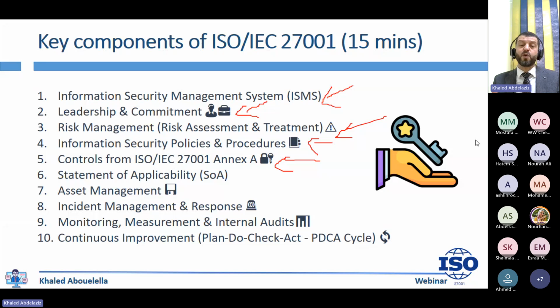The Annex A information security controls in ISO 27001 are categorized in four categories: organizational controls, people controls, physical controls, and technological controls. Organizational controls are any controls performed or developed by the organization, such as policies, roles and responsibilities, and so on. People controls, the second category, are any controls related to people: training, awareness programs, responsibilities for the teams.